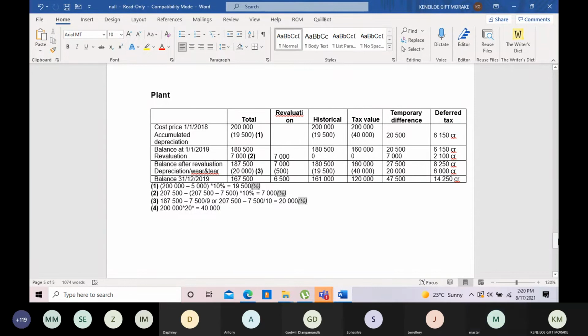Right? Let me try to solve that one. That's how to get the depreciation. So we say 7,000 multiplied by 10%.